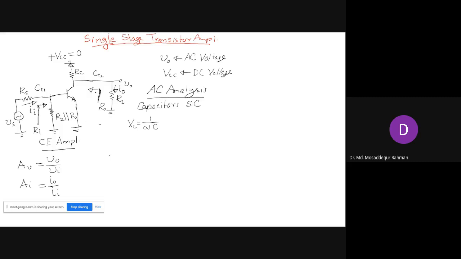And now here at the load end, once we have shorted this capacitor, RC and RL, these two are now in parallel.